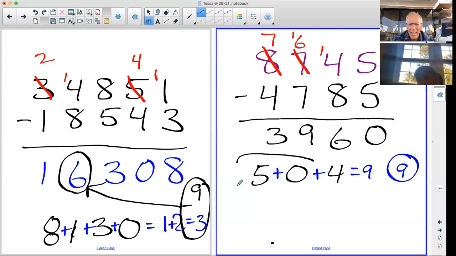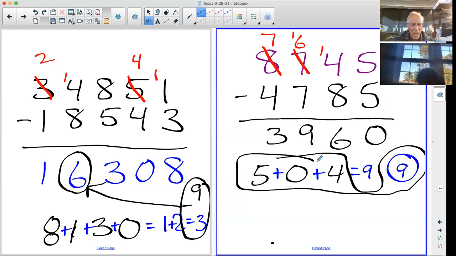How did you get 504 and 9? Because all I see is a 9 and a 0. I don't see a 5 and a 4. 5, 0, and a 3. But I accidentally made the 3 a 4.